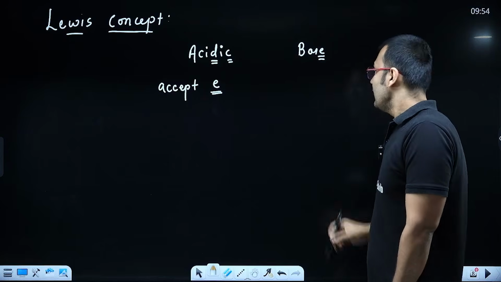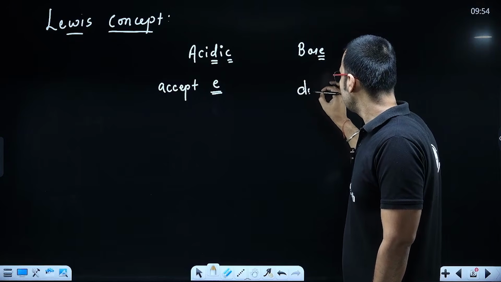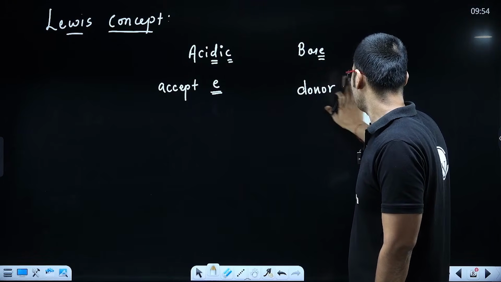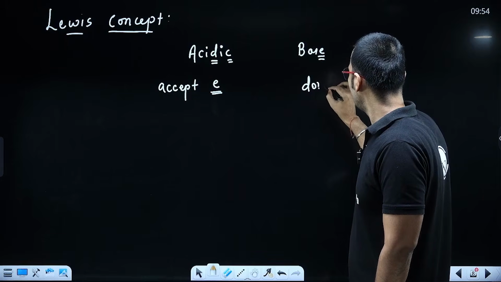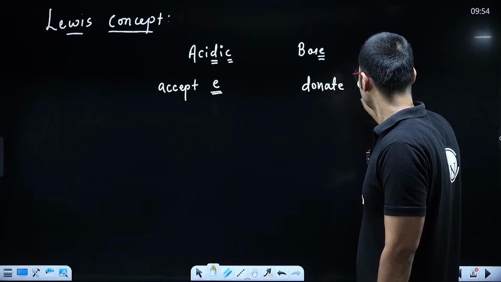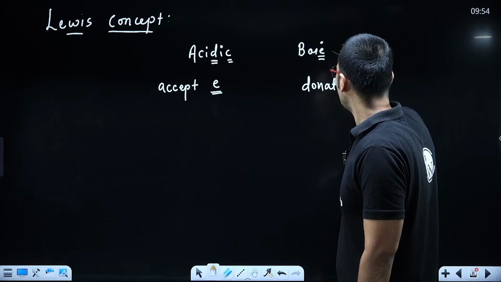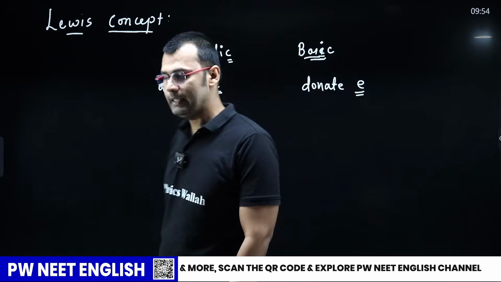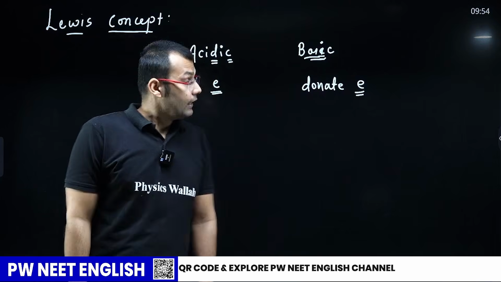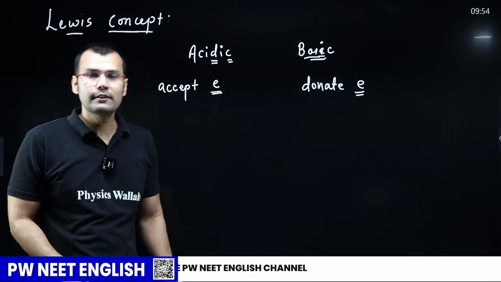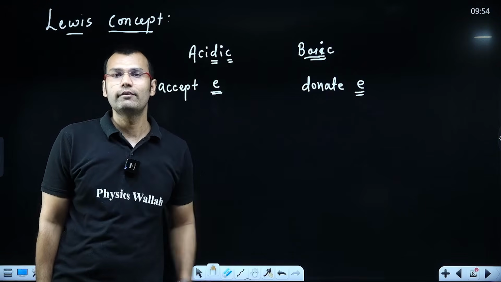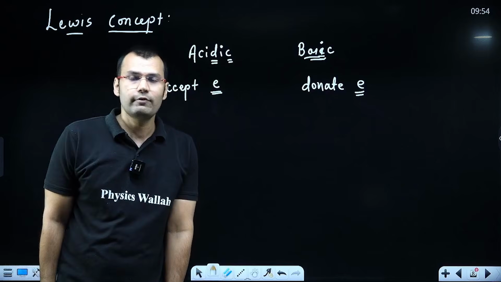And if any compound has a tendency to donate electrons, then that compound is said to be basic in nature. Now here you will be getting questions directly of identification. They will give you certain compounds and they will ask which is Lewis acid, which is Lewis base.